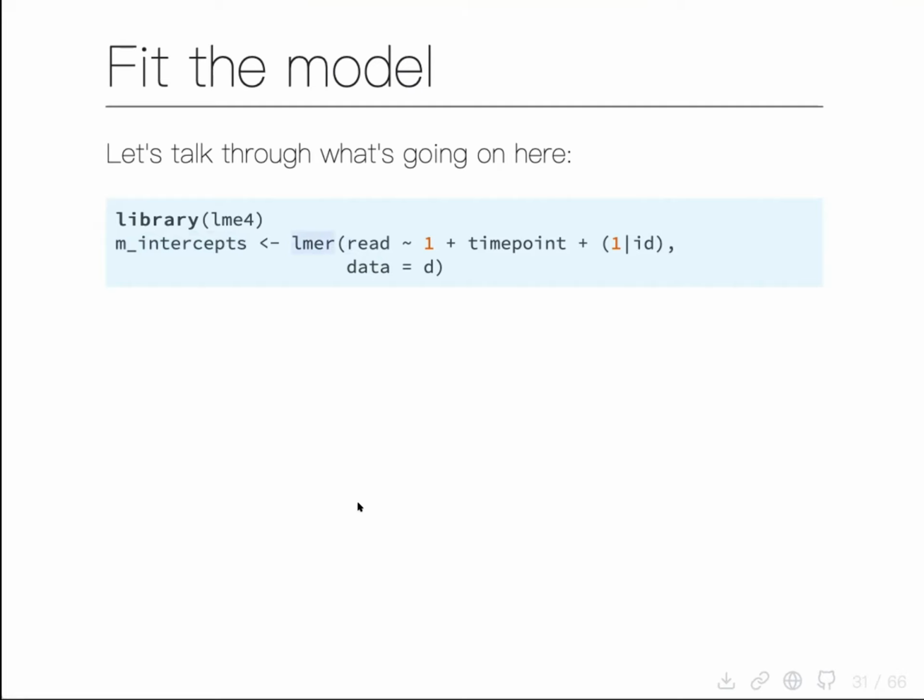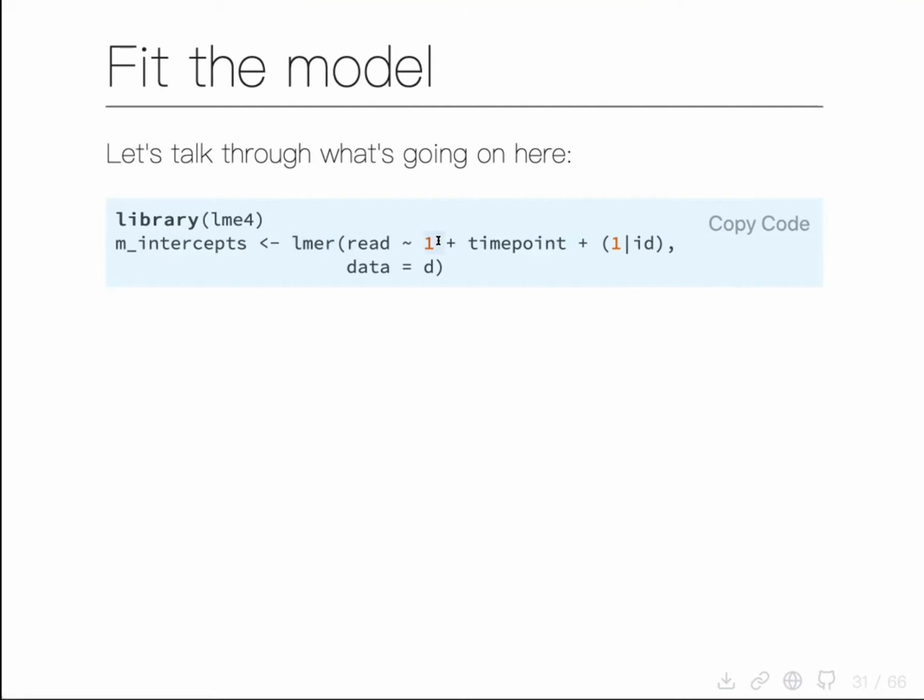Mixed effects modeling is the name used most in statistics circles, and it's used in a lot of other areas too, but that's where lmer gets its name. Linear mixed effects regression. Then we're going to say read is the outcome, so our column that says read for every student, and then we have a tilde here, okay? This is saying this is the outcome, and it's modeled by all of this stuff.